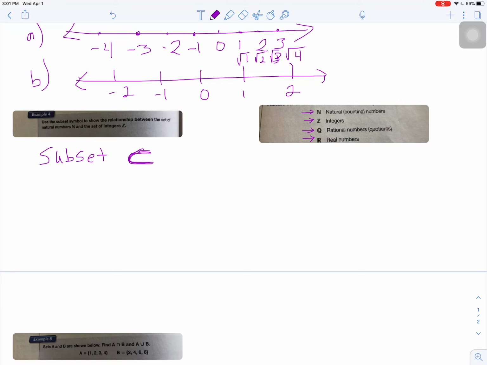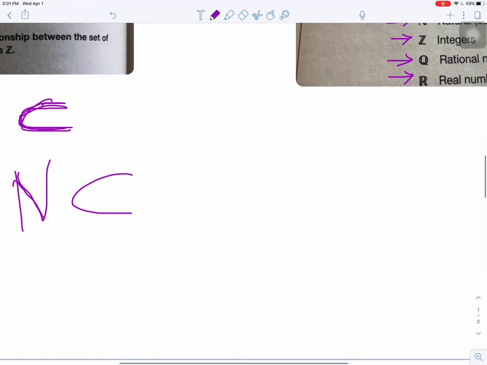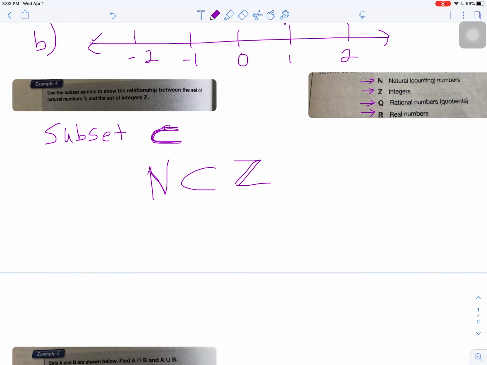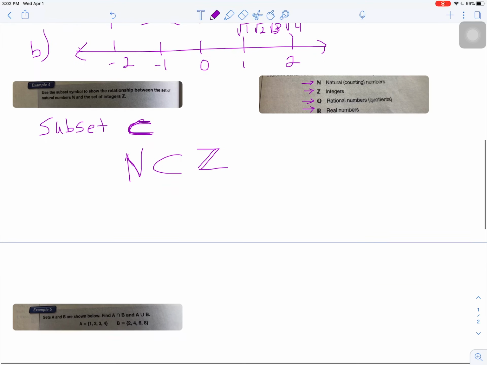They're part of integers. So natural numbers, and I don't know if I can do it so fancy on here, are a subset of integers. I'll try to make a fancy Z here. And that would show you the solution to that.